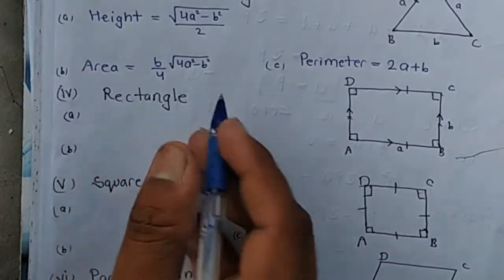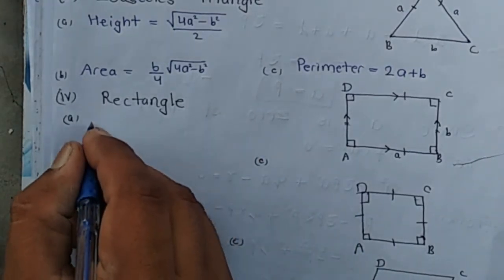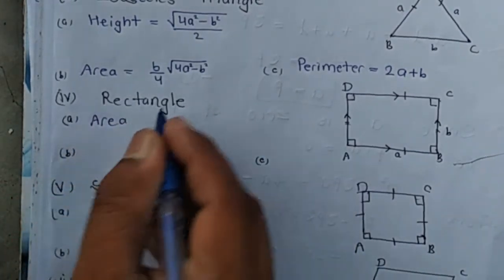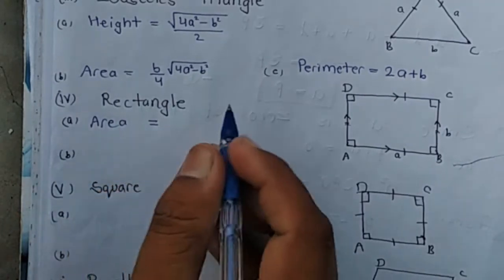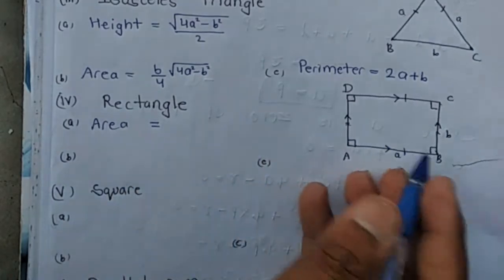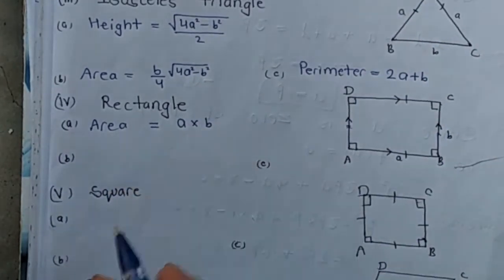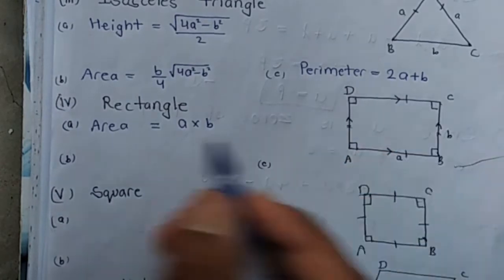Formulas based on the rectangle. Area of a rectangle is given by L into B, meaning length into breadth, A into B, where A is the length and B is the breadth.